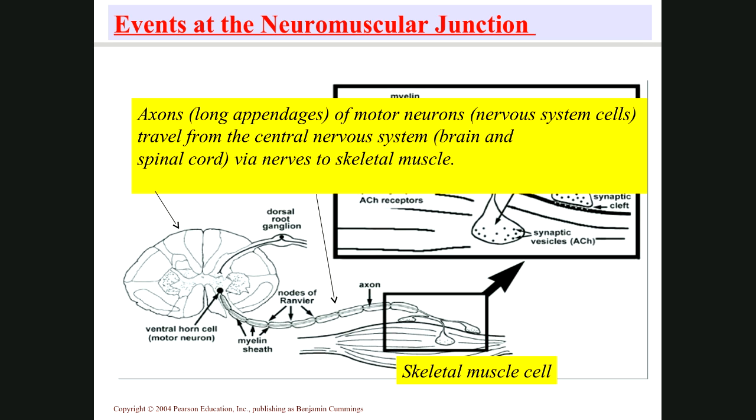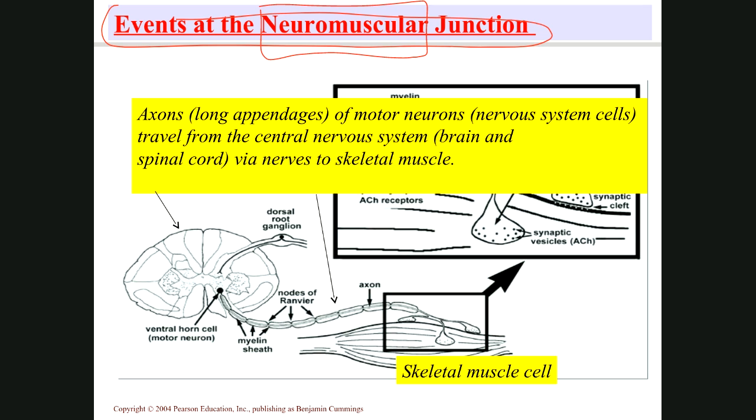So the very first event, the very first step, is called the events at the neuromuscular junction. Okay, neuromuscular junction. That is the place where the nervous system neuron and the skeletal muscle cell come together. So what we have is a neuron, which is a cell of the nervous system.